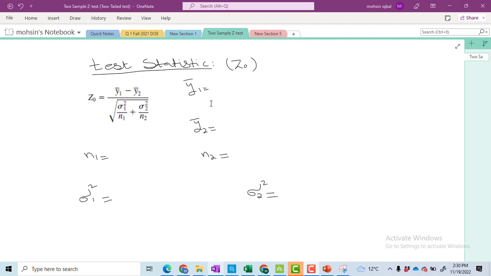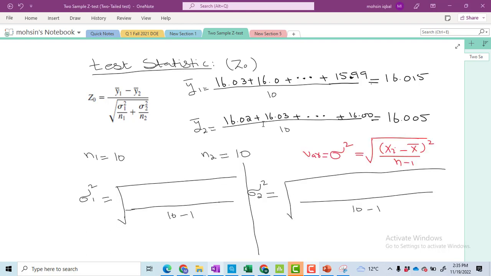In this formula we need y1 bar, the mean of the sample from machine 1, y2 bar, the mean of the sample collected from machine 2, n1 and n2, the two sample sizes, and sigma 1 square and sigma 2 square, the variances of both populations. In order to calculate the mean of sample 1, the standard way of writing is to write only the first two values initially.